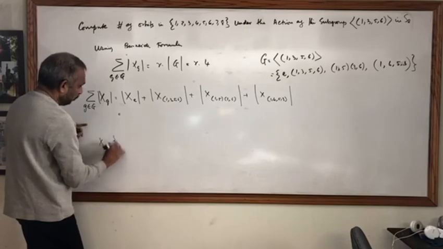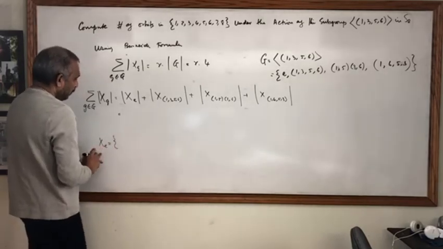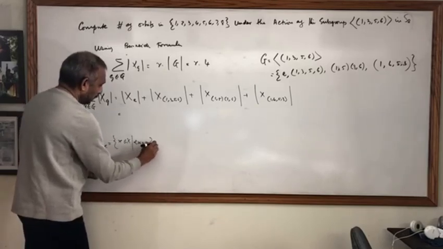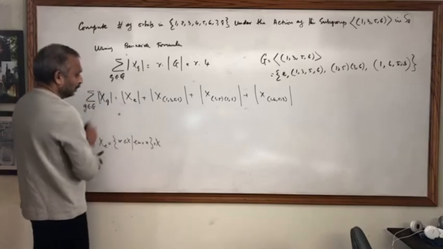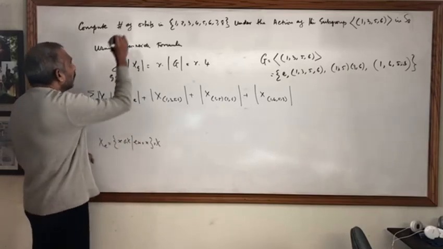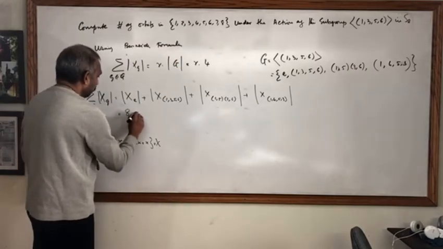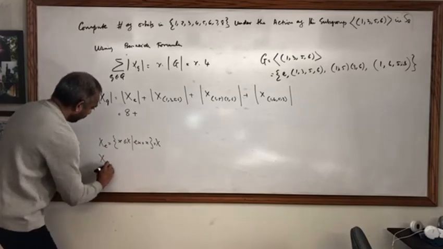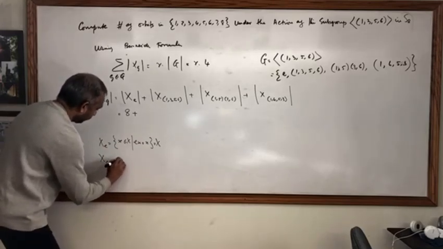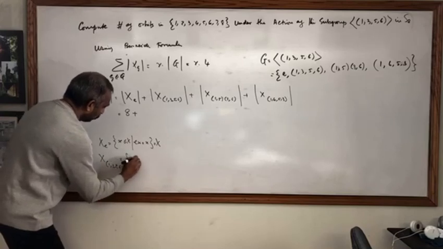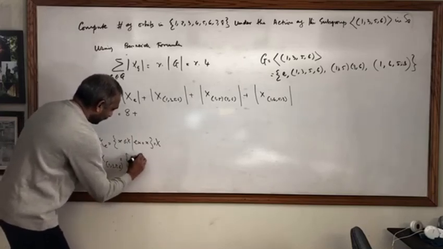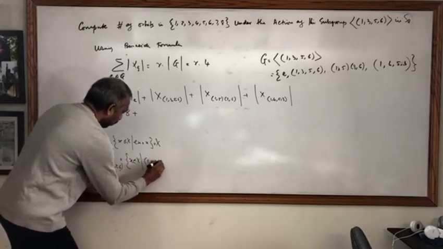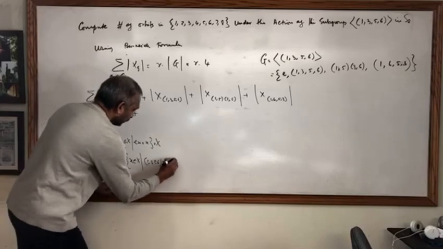Xe is the set of x belongs to X such that e(x) equals x, and that is actually the whole of X, because this is the identity, and that is 8. Plus, for (1, 3, 5, 6), the set of x belongs to X such that (1, 3, 5, 6)(x) equals x.